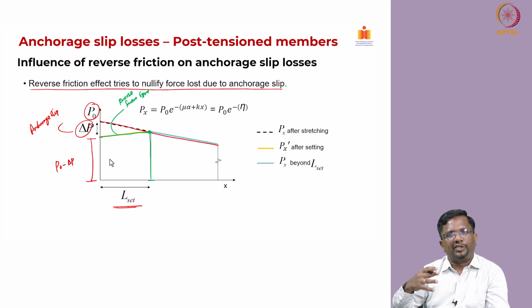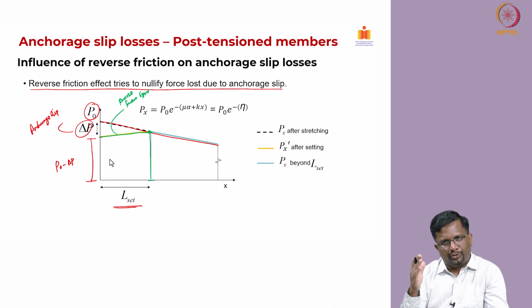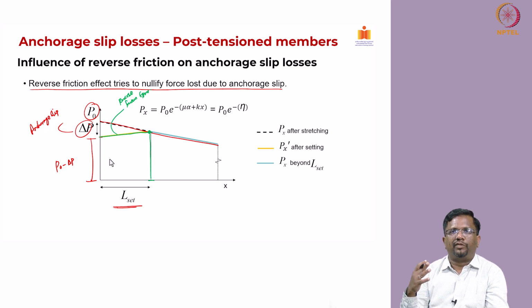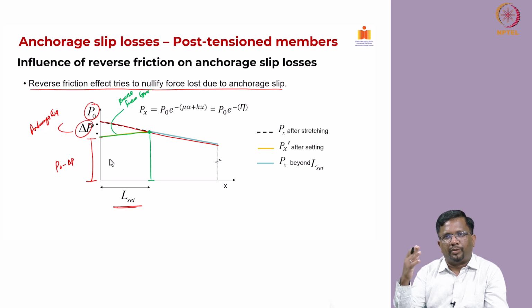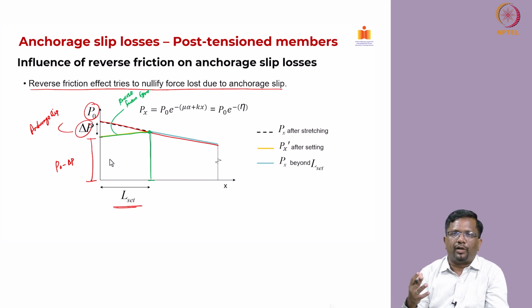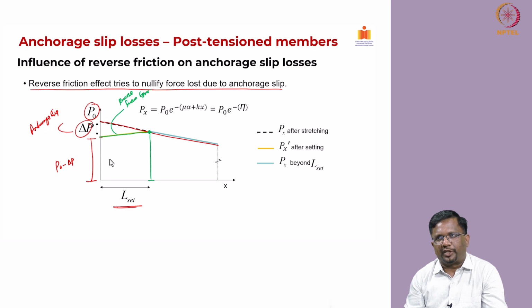If the delta P is significant, then it will reduce the beneficial effects of pre-stressing, and usually at the support location the shear will be dominant. If your pre-stressing force is not correctly accounted for in your design calculations, you may end up with a not safe design. So, we should be careful in accounting exactly for this force variation diagram.